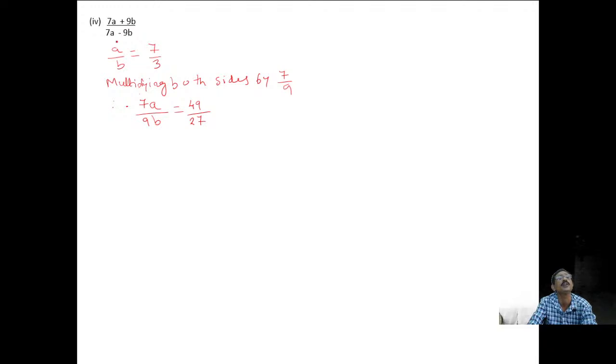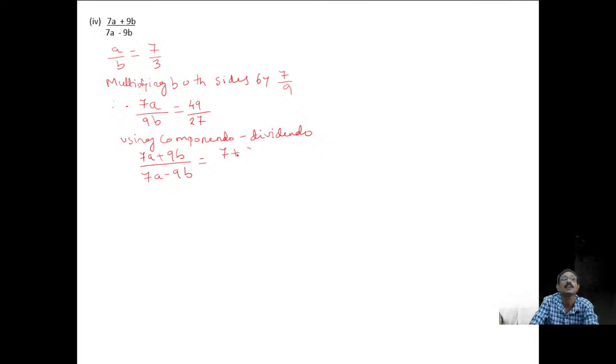Now look here. Which ratio can we use with componendo, dividendo, alternando? We can use componendo and dividendo, as in the previous examples we have done. What we get? 7a plus 9b upon 7a minus 9b, which is equal to 7 plus 9 upon 7 minus 9.